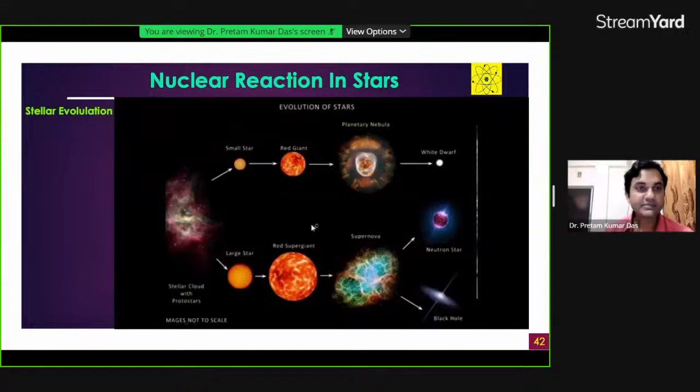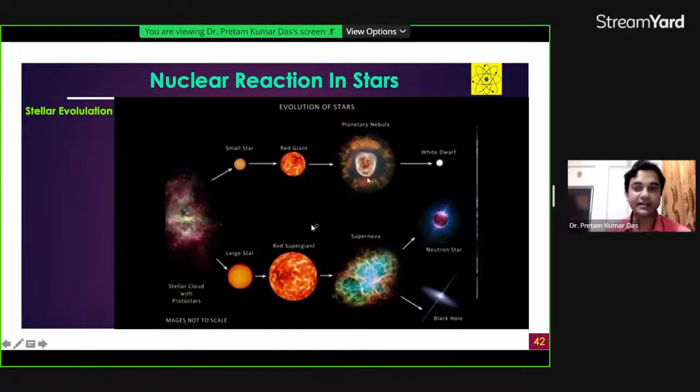So this is the picture of stellar evolution, from a stellar cloud, how due to gravity small stars or heavy stars are formed, and during their life cycle they form red giants or super red giants.